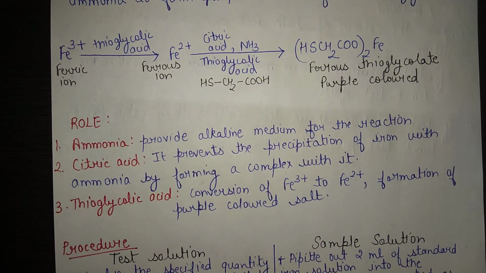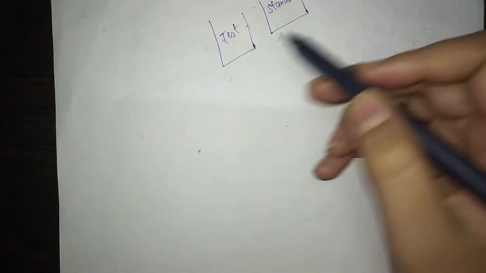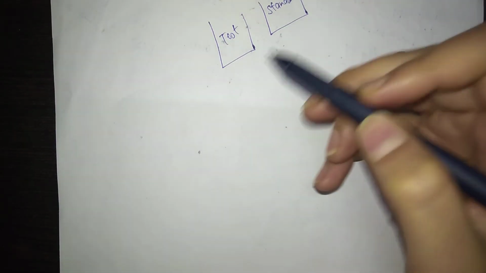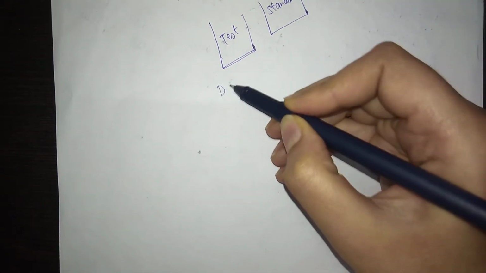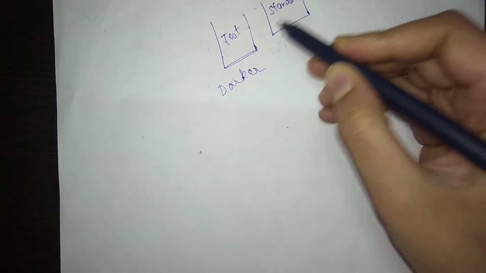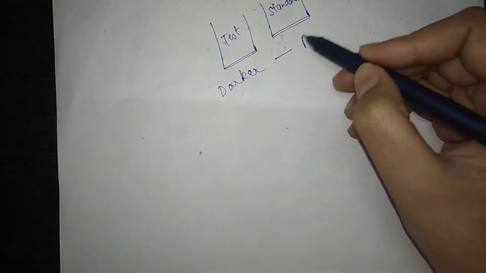Now if our salt is colored, then it will be easier to compare, because finally we have to compare the intensity. If our test solution is darker than the standard, it means that our limit test will fail.